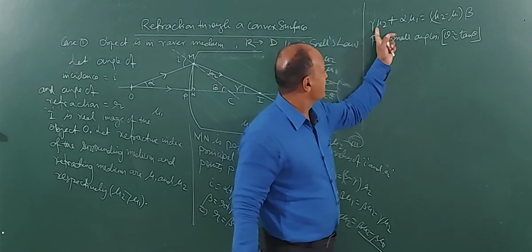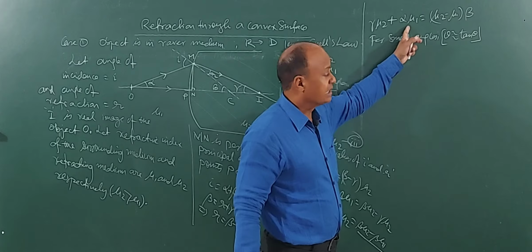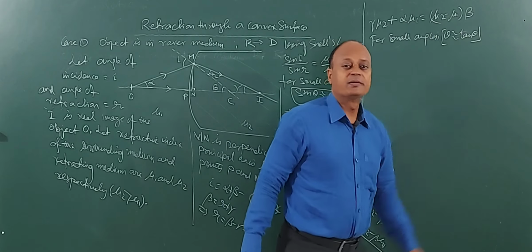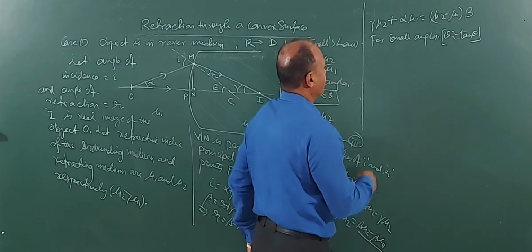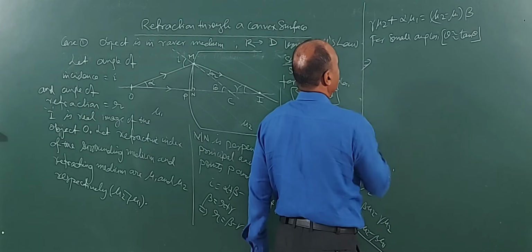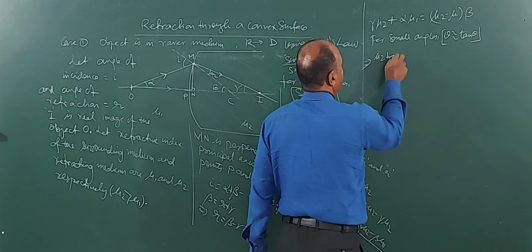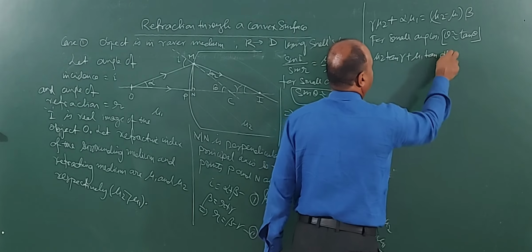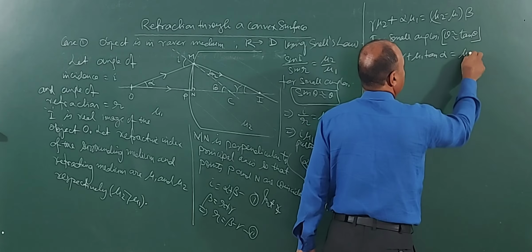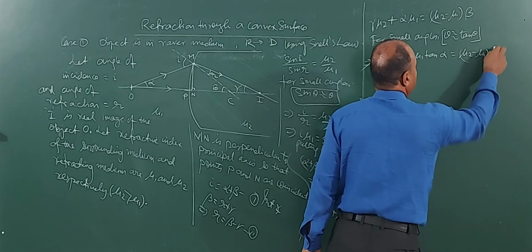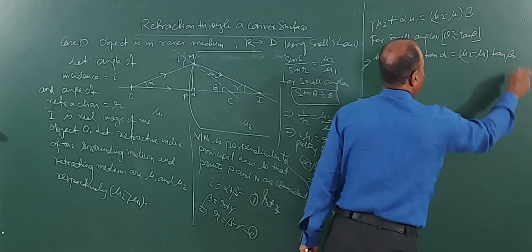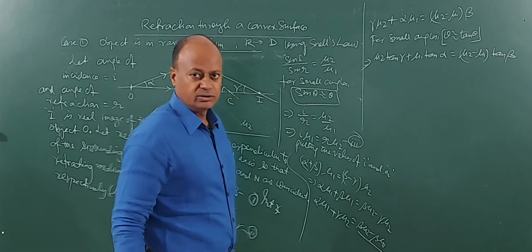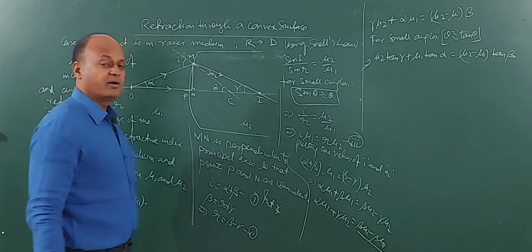So I can replace gamma with tan gamma, alpha with tan alpha, and beta with tan beta. If I do so, then what do I get? Mu 2 tan gamma plus mu 1 tan alpha equals mu 2 minus mu 1 tan beta. Clear?